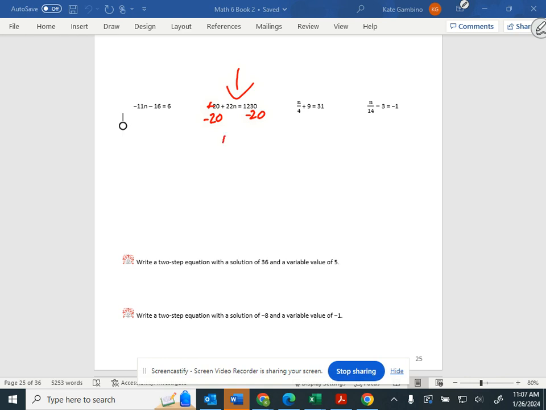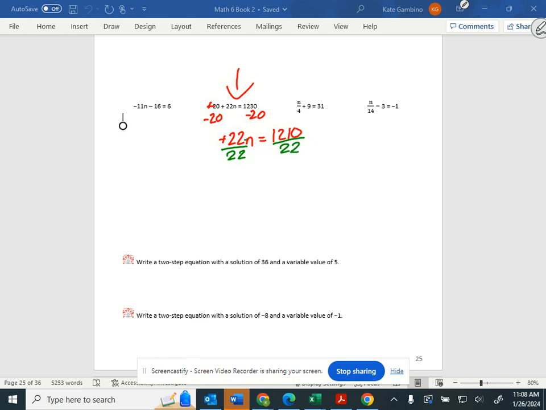So now we have plus 22n equals 1,210. What does plus 22n mean? It means it's a positive 22. So it doesn't mean we have to add. It means it's a positive 22 now. So if we're multiplying that 22, now we're going to divide by 22.